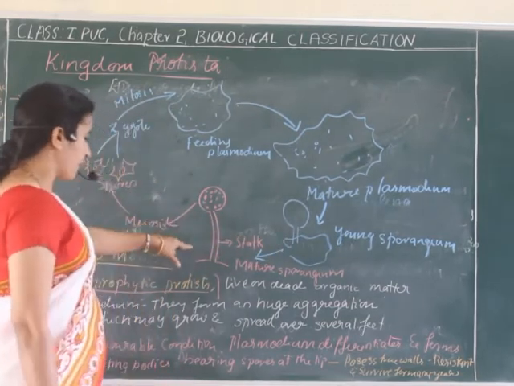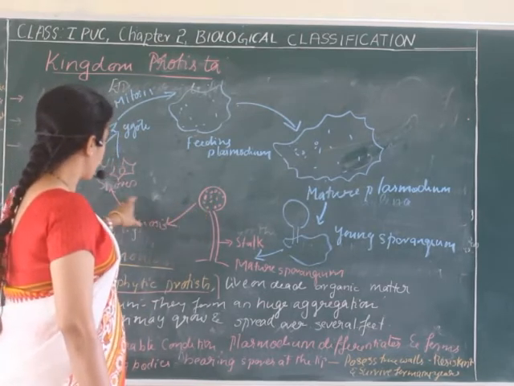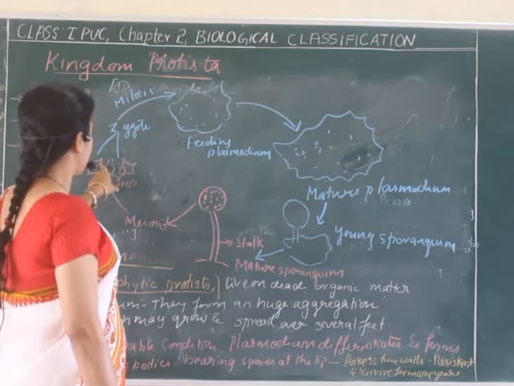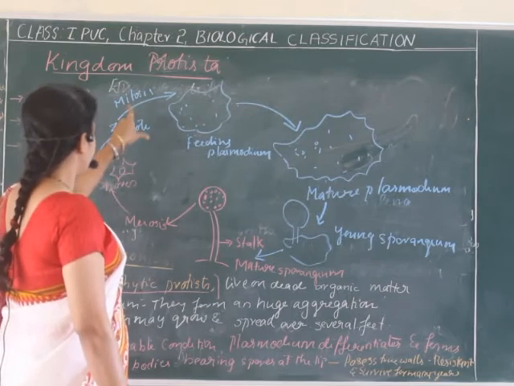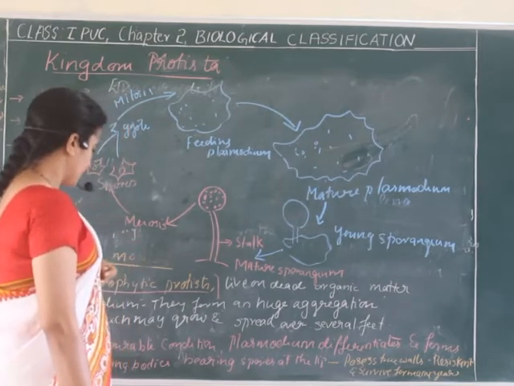These fruiting bodies have the spores at their tip, and these spores then complete the life cycle by fusing with another male gamete with the spores. They form a zygote, which then undergoes mitosis and forms a new generation.